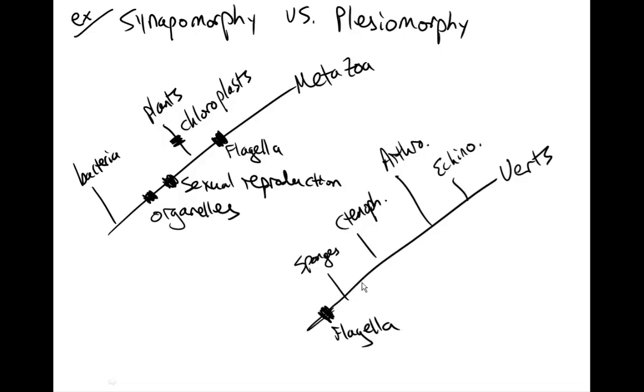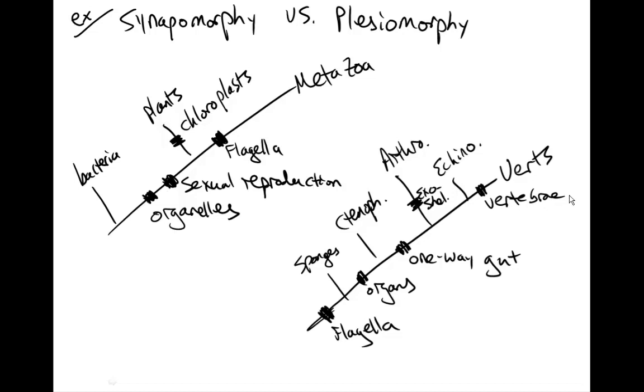So flagella, we've got organs, we've got a one-way gut, got an exoskeleton. Oh, let's put in vertebrae, backbones. So let's put in these structures here.